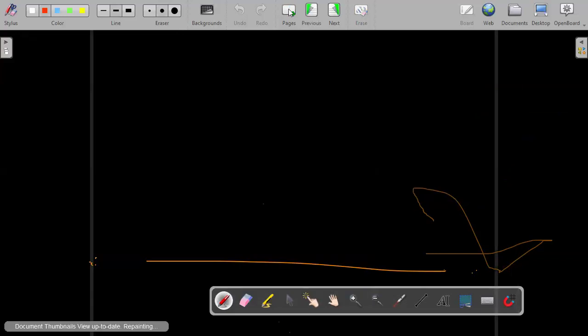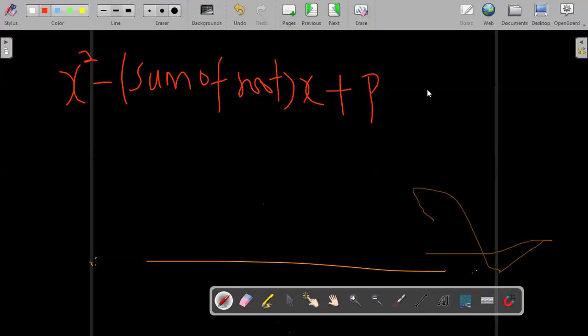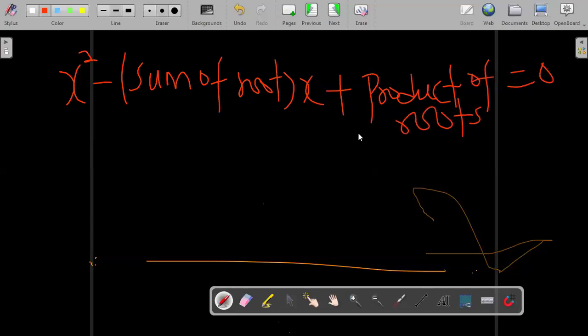So let's form the equation now. But what is the formula for obtaining an equation? The formula is x squared minus the sum of roots times x plus the product of roots equals 0.